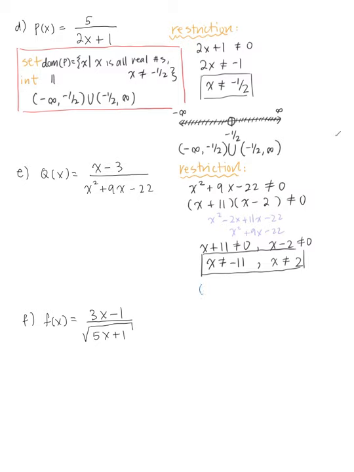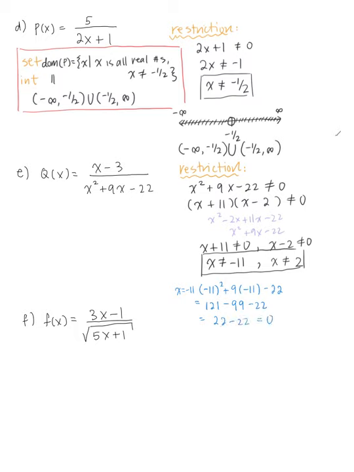What do we get? When x is negative 11, you're going to have negative 11 squared plus 9 times negative 11, and then minus the 22. Now, negative 11 squared becomes positive 121, and then minus 99, and then minus the 22, which is going to give us a 0.